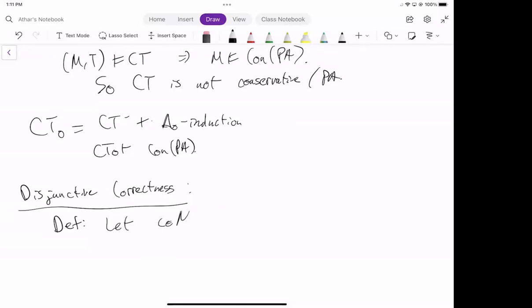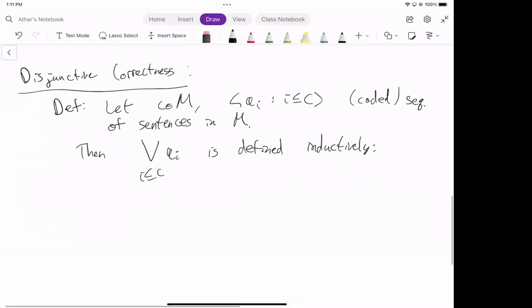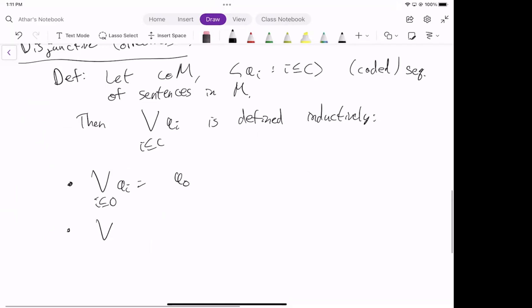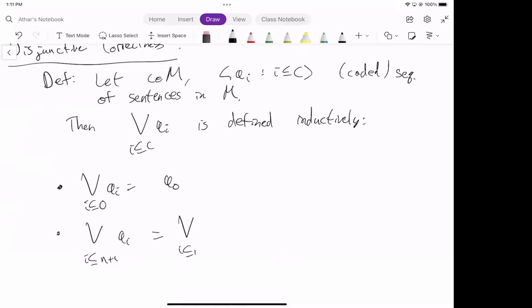So let C be any element of M, and suppose you have a coded sequence of sentences in M, and sentences in the sense of M. Then the disjunction of length C of phi I is defined inductively as: the disjunction of length 0 is just phi 0, and the disjunction of length n plus 1 of phi I is just the left bracketed disjunction.